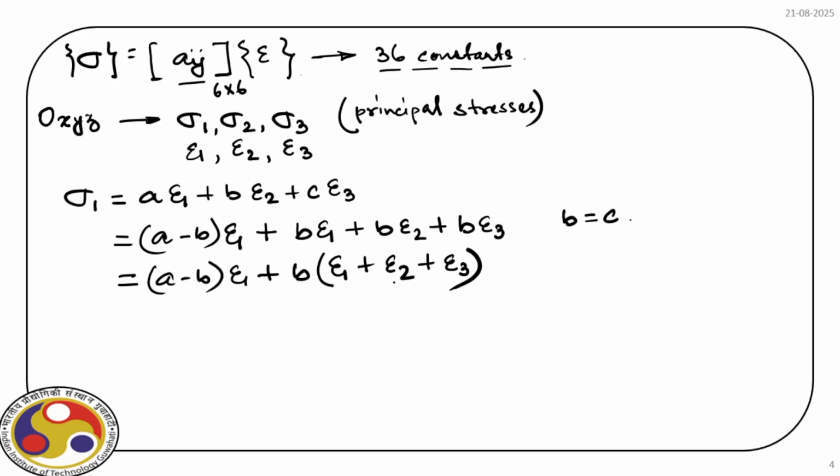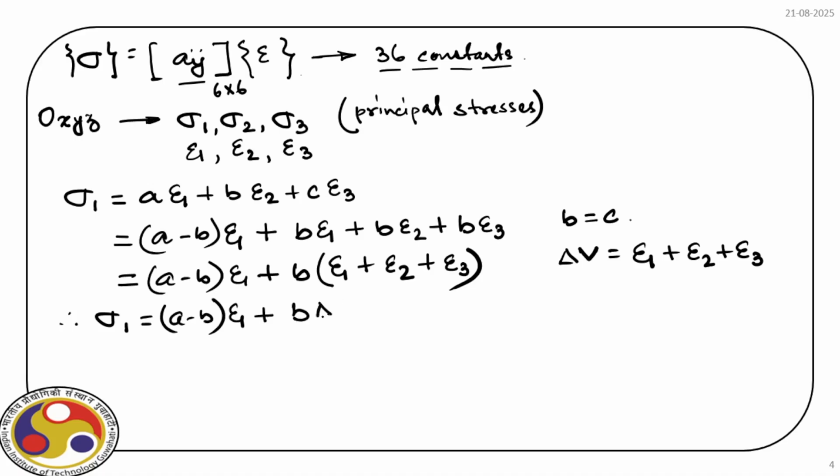From our previous discussion, we know that cubic dilation delta V is nothing but epsilon 1 plus epsilon 2 plus epsilon 3. That's the first strain invariant. Therefore, we have sigma 1 equal to A minus B times epsilon 1 plus B times delta, right?